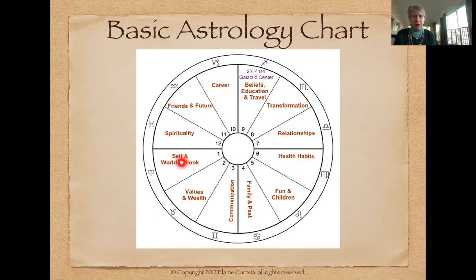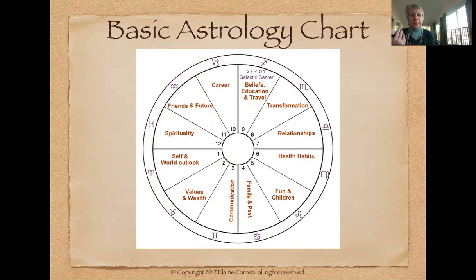This is the first house, and the celestial planets flow through it in a counterclockwise motion. They've assigned the signs: Leo, Cancer, Virgo, Libra, Scorpio, Sagittarius, Capricorn, Aquarius, and Pisces.